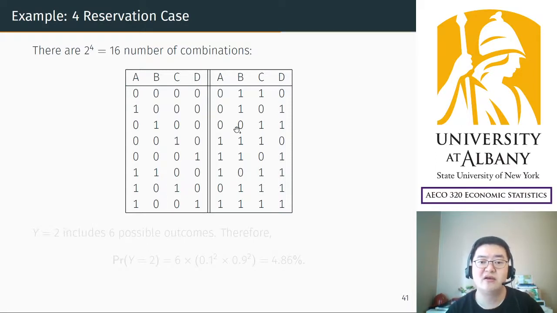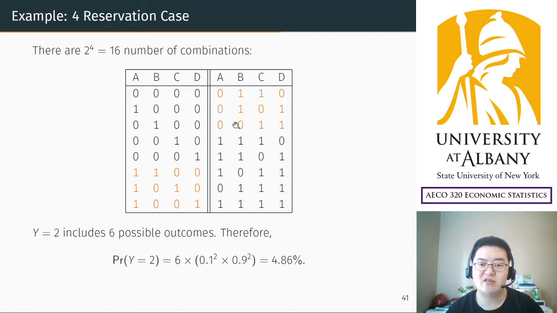Among these, we are interested in two cancellations. Cancel, cancel, no, no; cancel, no, cancel, no; cancel, no, no, cancel; and so on. These six outcomes satisfy y equals 2. So among 16, only 6 outcomes satisfy the event.